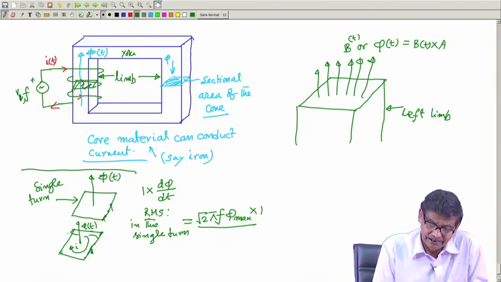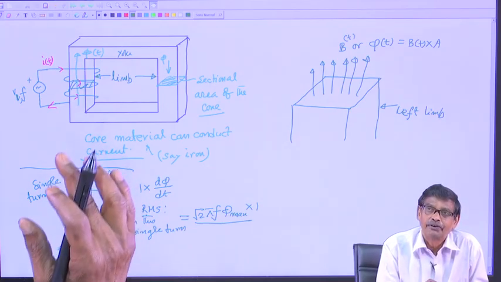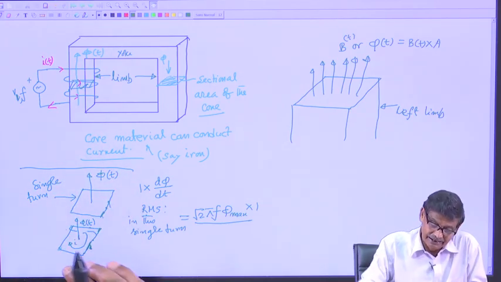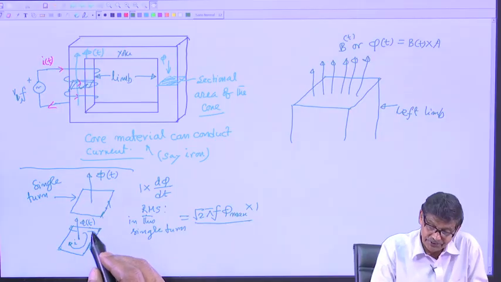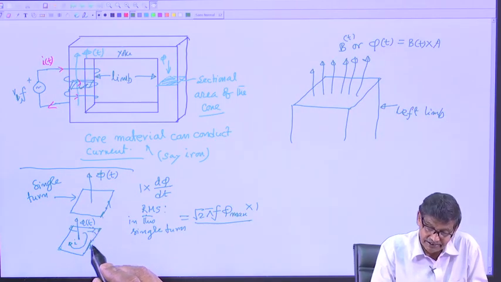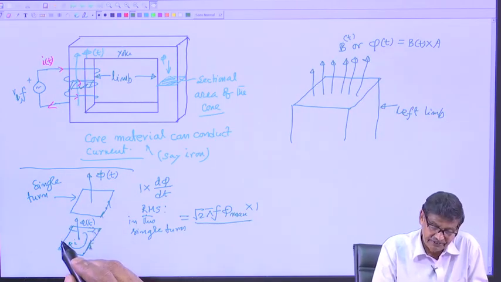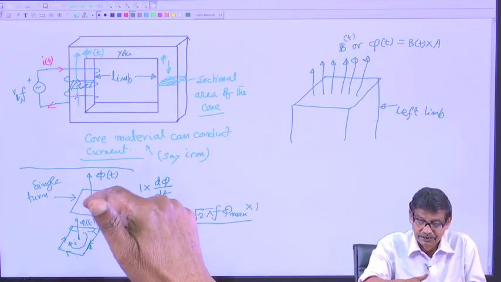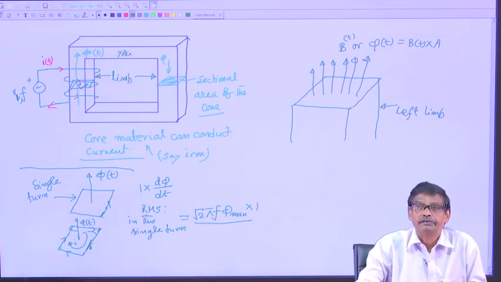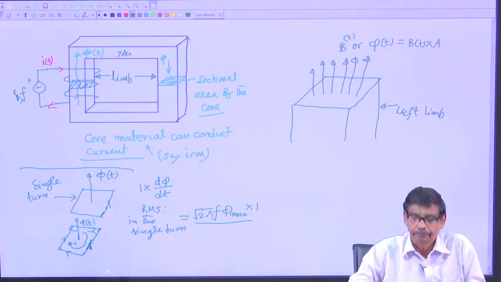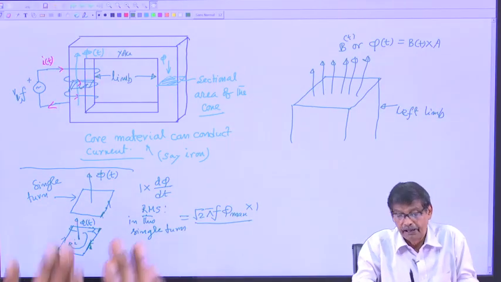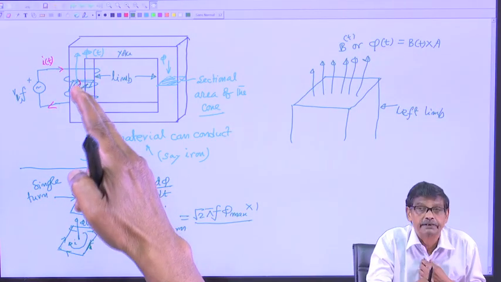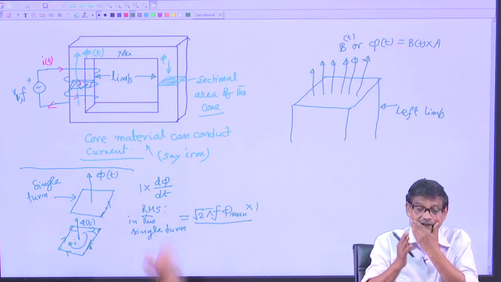Let us imagine that flux is increasing in the upward direction, then the current induced in this loop must flow in this direction, so that it will try to oppose the very cause for which it is due, that is Lenz's law. With this background, let us now come here in the transformer core and see what is happening.